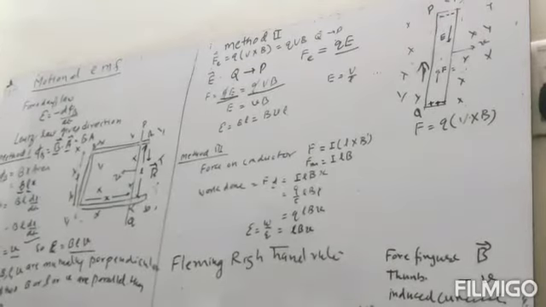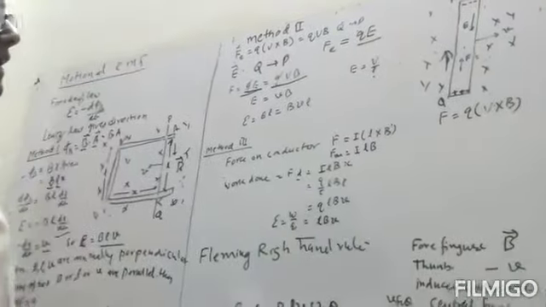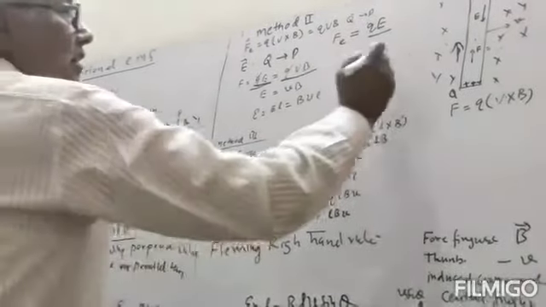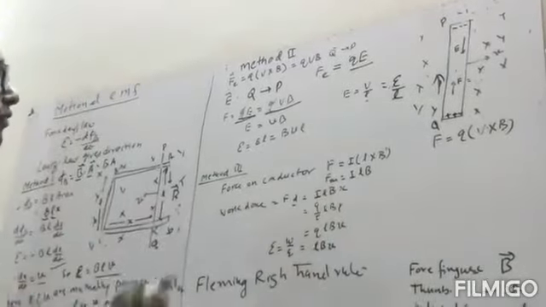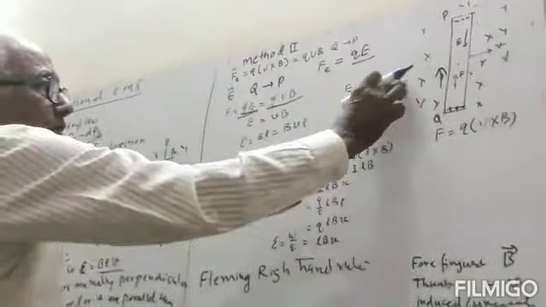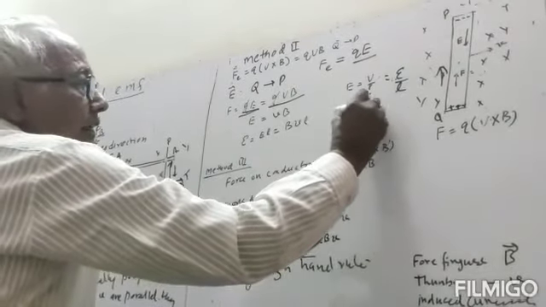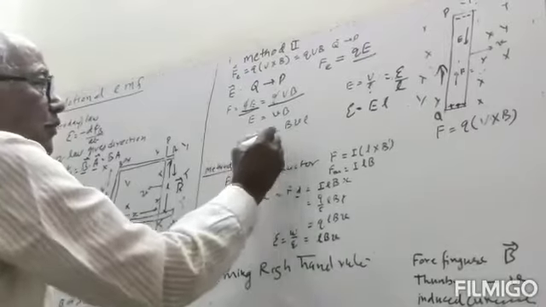Now we know that the electrical field is potential divided by L. So the EMF will be equal to E into L.